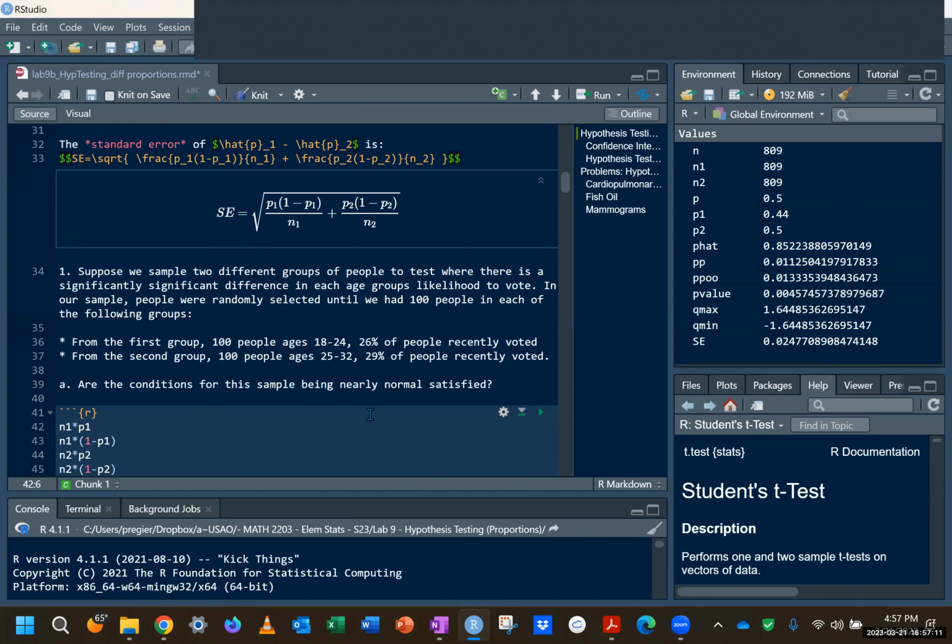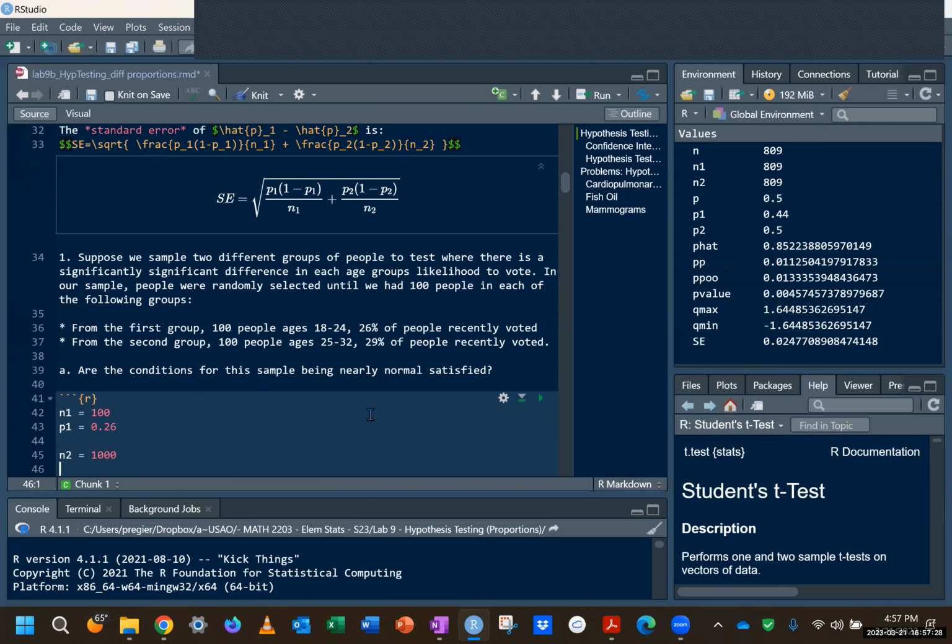We can do this real fast as long as I specify what N1, N2, P1 and P2 are. Based off our data, we had 26% voting in the first group. N2 was also 100. P2 was 29%. So these are the two proportions that we want to compare.